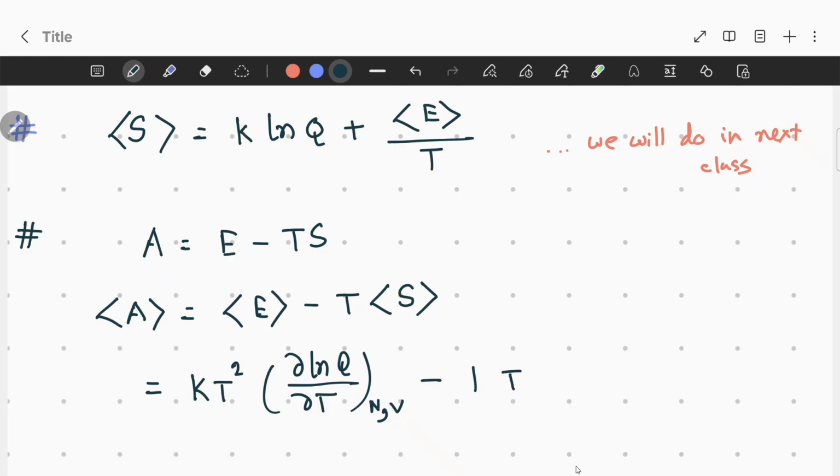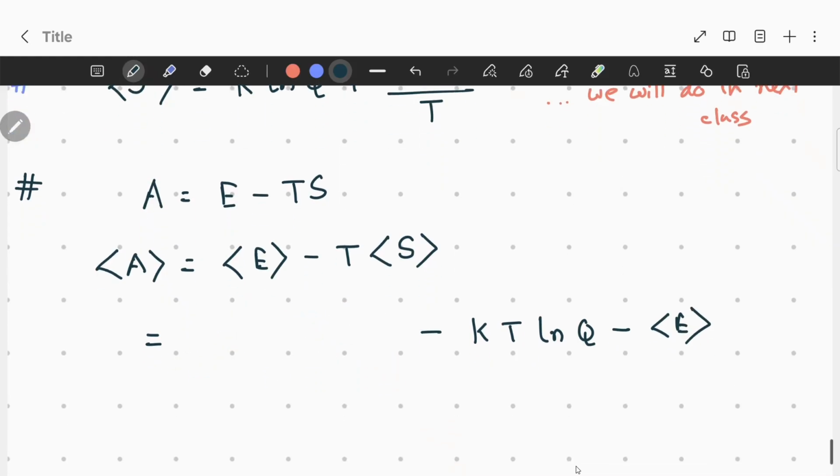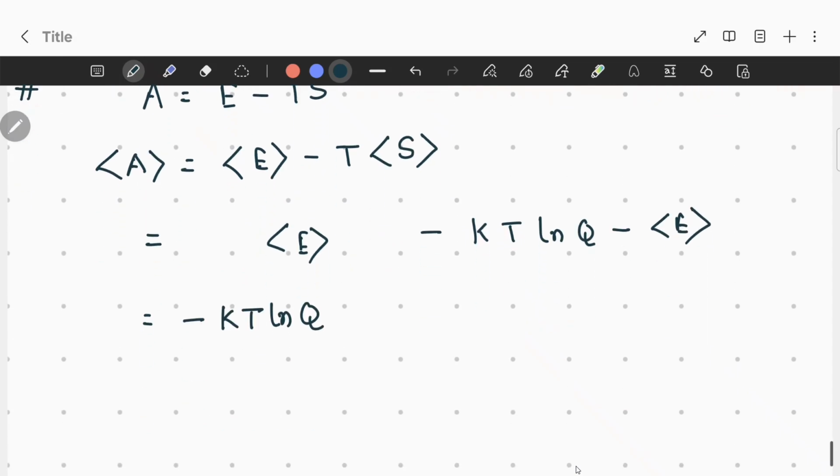So A average equals minus kT ln Q. From the canonical ensemble, you can directly calculate the Helmholtz free energy. Just take the logarithm of the partition function and multiply it with kT. It is our average Helmholtz free energy.